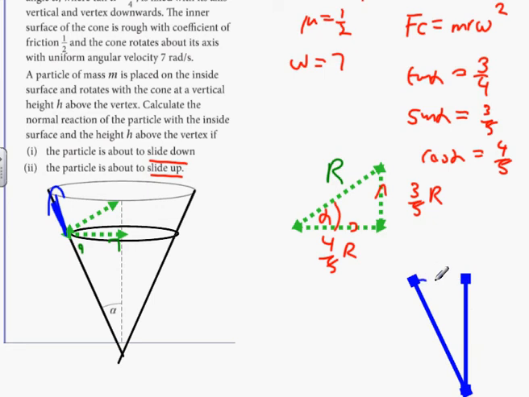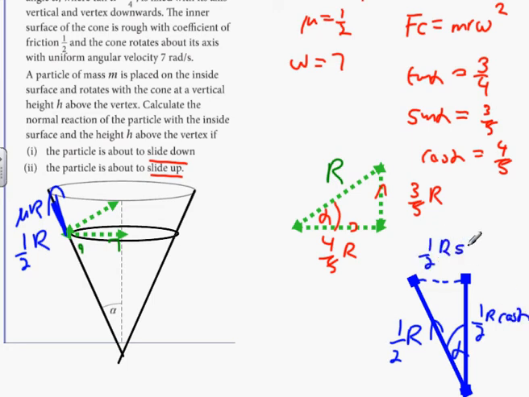Okay? So what we can say is that's alpha there. The friction force was mu R, otherwise known as a half R. A half R is the perpendicular acting in this direction here. Are we happy with that? Now that that's done, what is this part here? A half R cos alpha, a half R sine alpha.